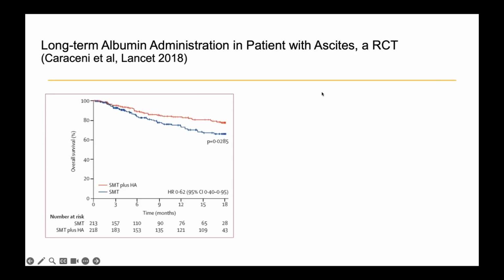And you can see here that the use of repeated albumin infusions was associated with better survival.